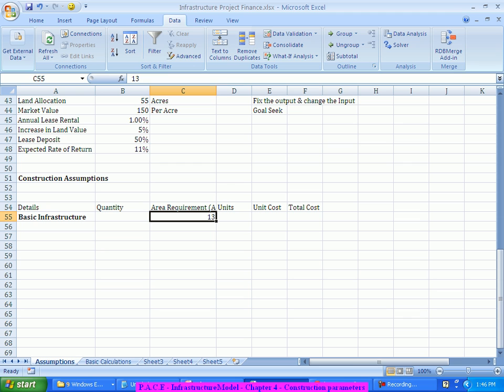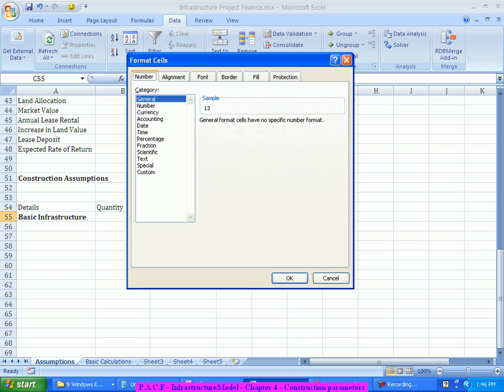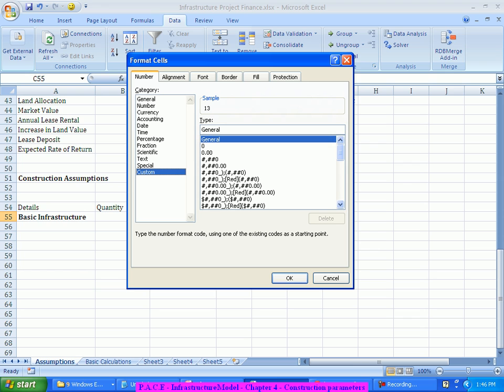Actually speaking, sometimes instead of making it like this, we can do a formatting itself in that model. See, if I do this, I can right click on this. This is again a very hectic effort, but it can be slightly better also. I can right click on this 13, format cells, and I can do it into the custom format, right?